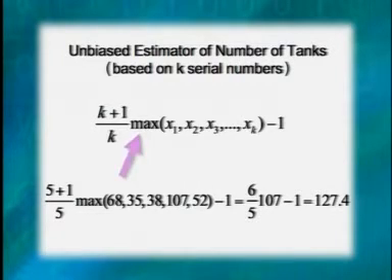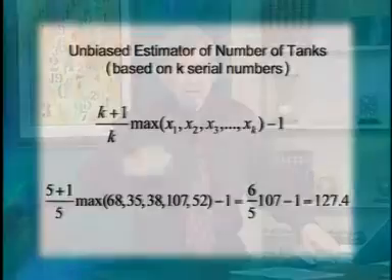So that's a little bit of vague intuition about the reason for choosing the estimator of taking the maximum tank number that we actually capture and multiplying it by k plus 1 over k, where k is the number of tanks in our sample that we captured. So we're trying to estimate how much to augment the maximum tank we captured in order to make a good estimate of the total number of tanks in the Army.